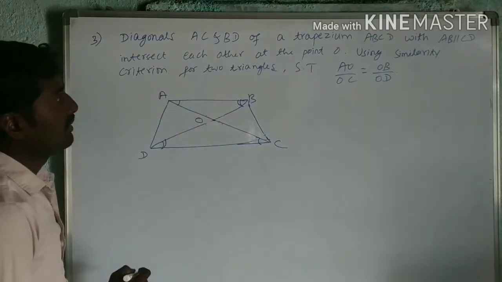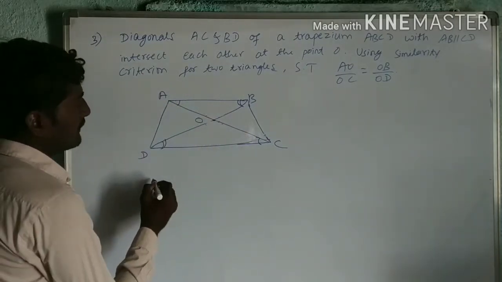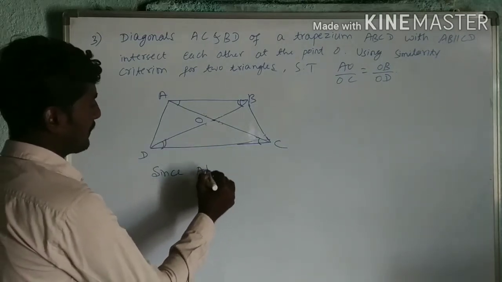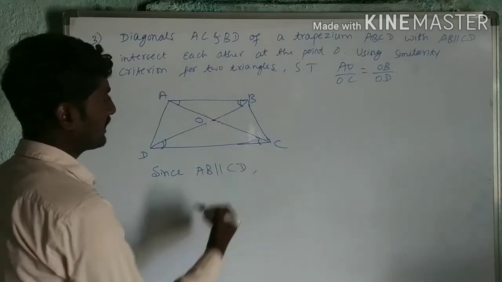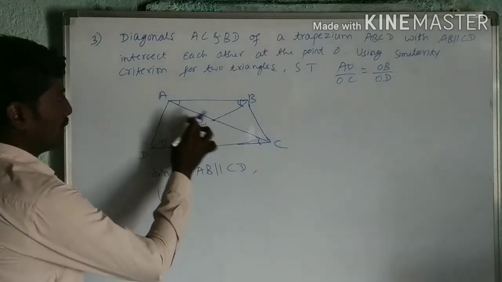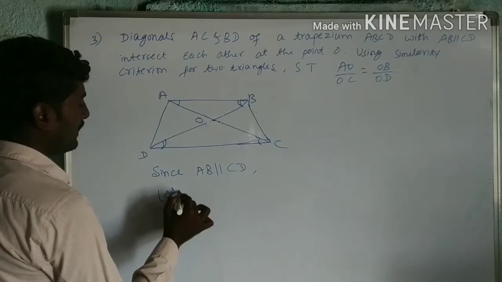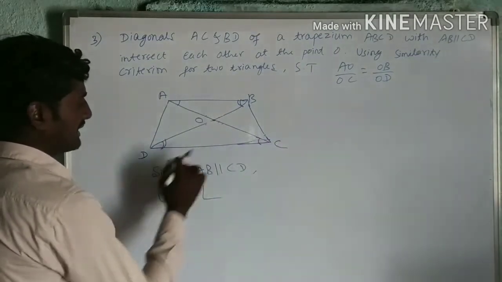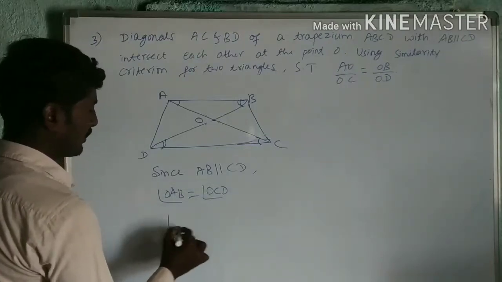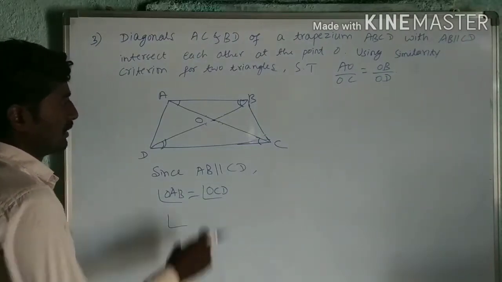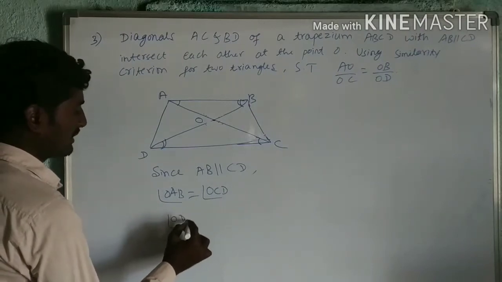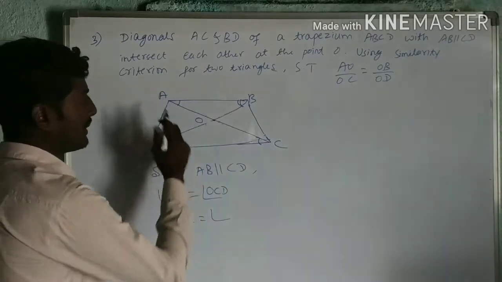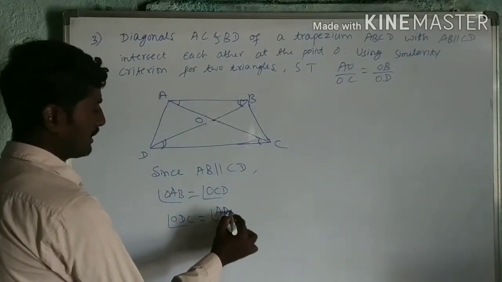Now, what will I write first? Since AB is parallel to CD, angle OAB is equal to angle OCD, and another one, angle ODC is equal to angle OBA, or ABO.